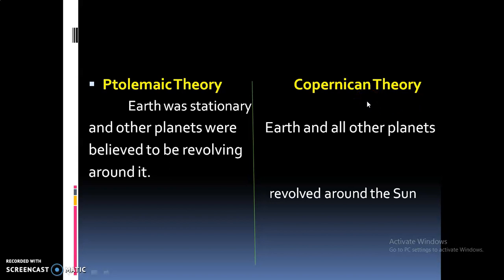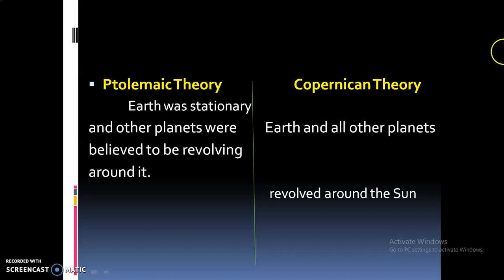As I said, according to the Ptolemaic theory the Earth was supposed to be stationary, and it was the theory traditionally accepted by ancient poets and philosophers. This Copernican theory was more scientific and rational.